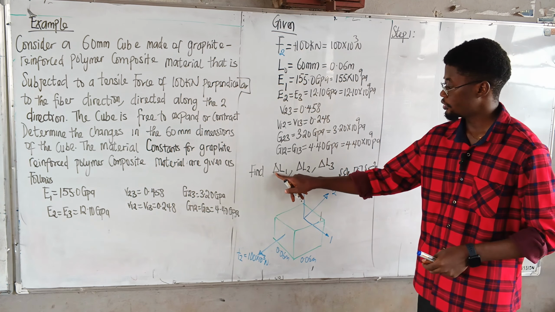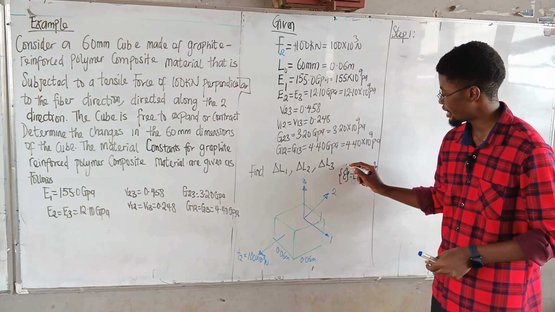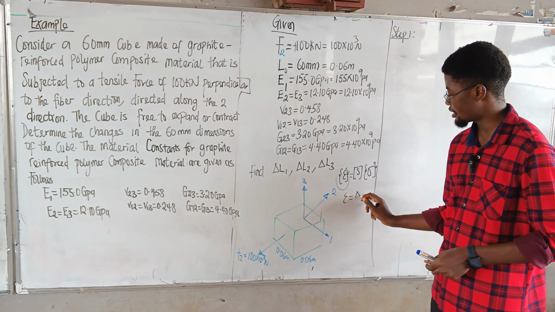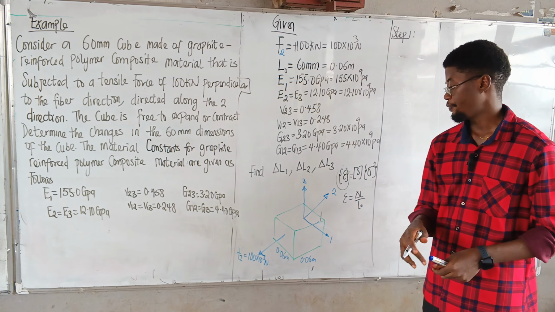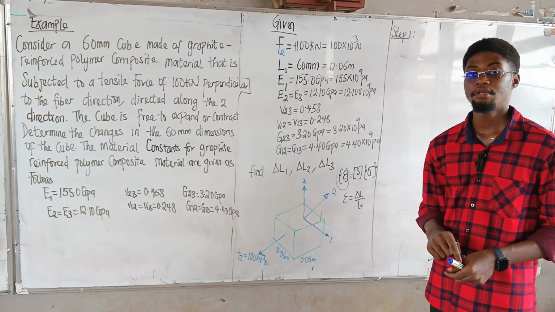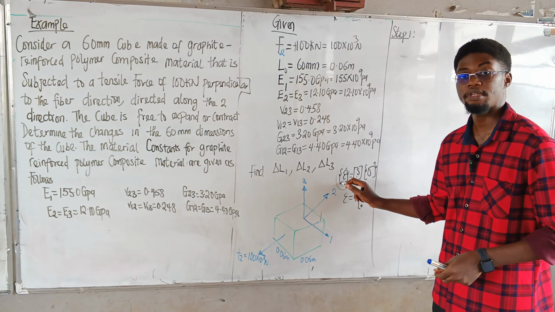So what I'm looking for falls inside this epsilon, because I know my strain is mathematically change in L over original length. We wrote that formula before. So if I know this one, I can find my change in L. For me to get this, I need to know this times this.